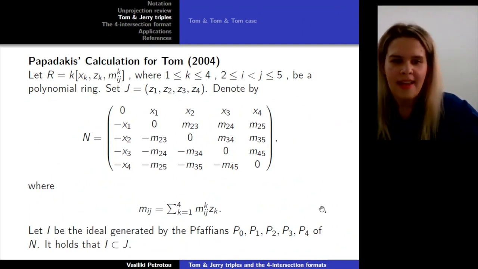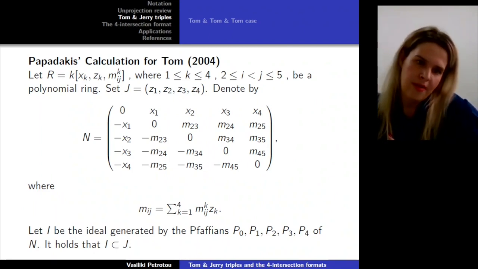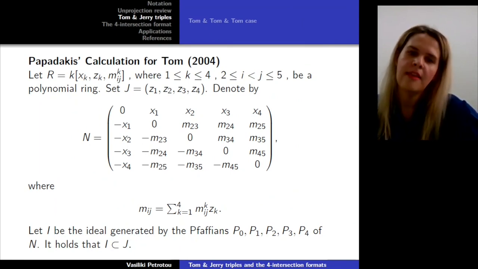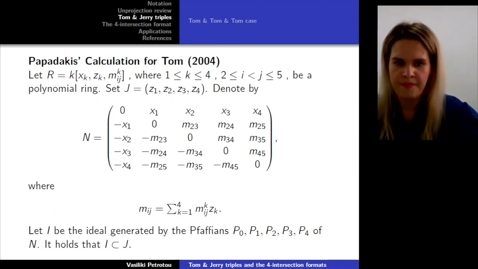We denote by I the ideal generated by the Pfaffians of this matrix. And if we write down the generators of this ideal, it's easy to conclude that it is contained in the codimension 4 complete intersection ideal J.